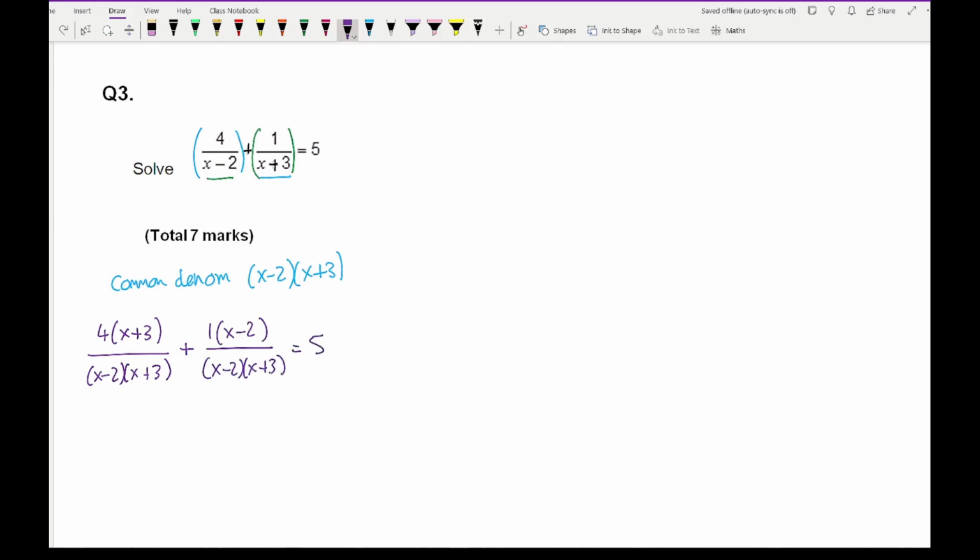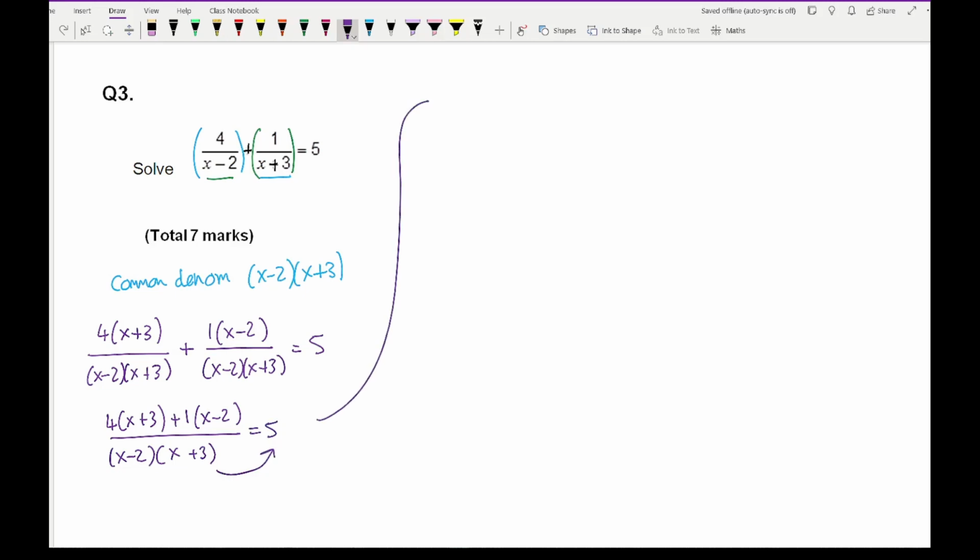So now that my common denominators are the same, I can just join them up. So I end up with 4 lots of x plus 3, and when I say join them up, I mean my numerators, plus 1 lot of x minus 2, all divided by x minus 2 x plus 3, and that equals 5. So now what I'm going to do is take that denominator over to the other side.